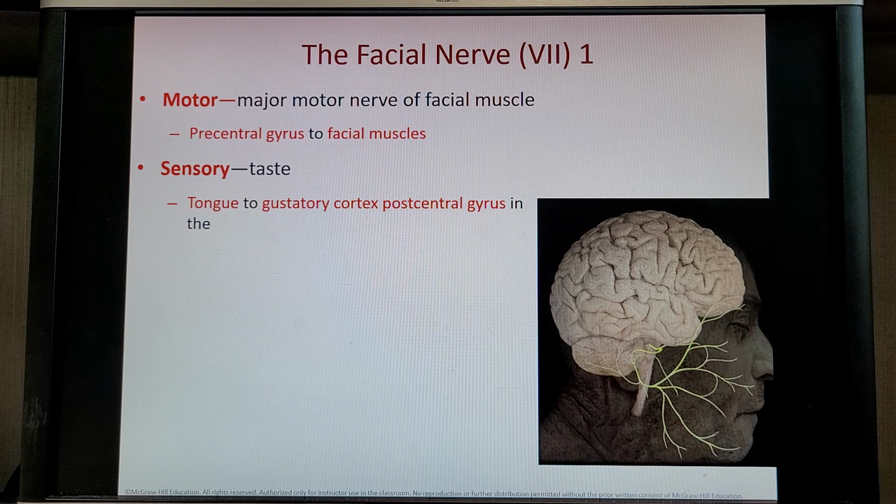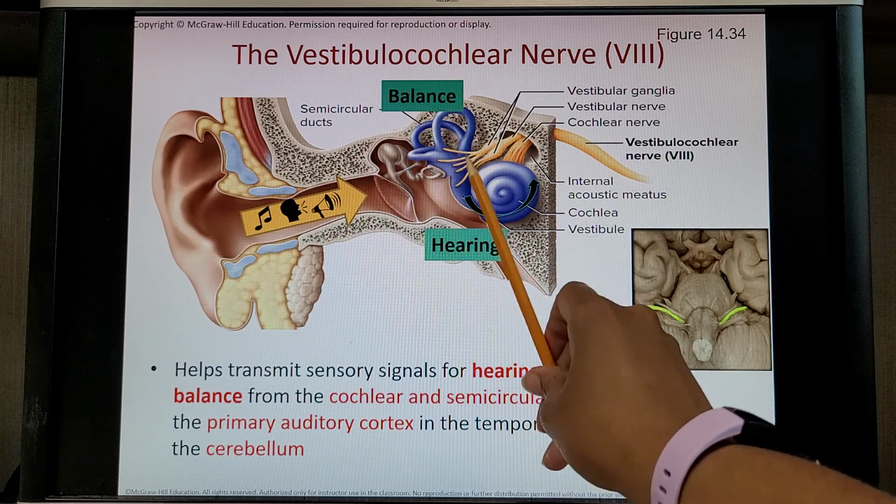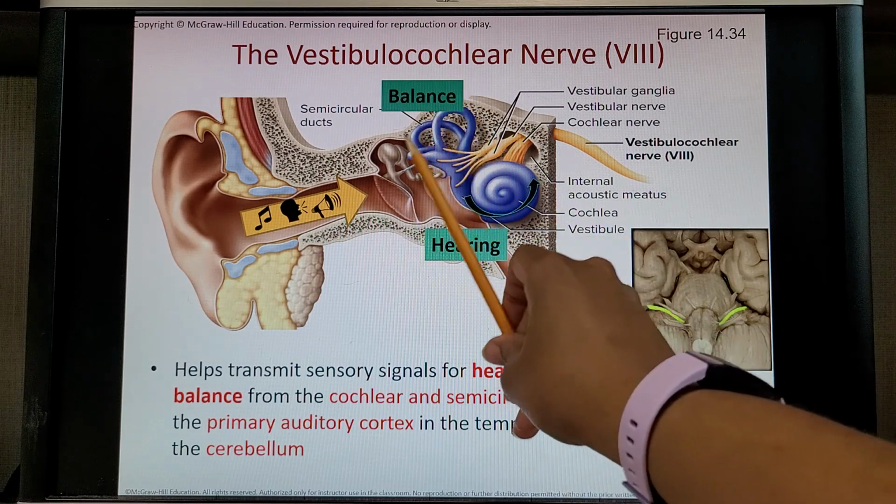Okay, next one, facial nerve, number 7. So this one also has motor and sensory information going towards the brain. We'll talk more about this section later, but the vestibulocochlear nerve, so from the vestibule region, this is getting our balance from our semicircular ducts.